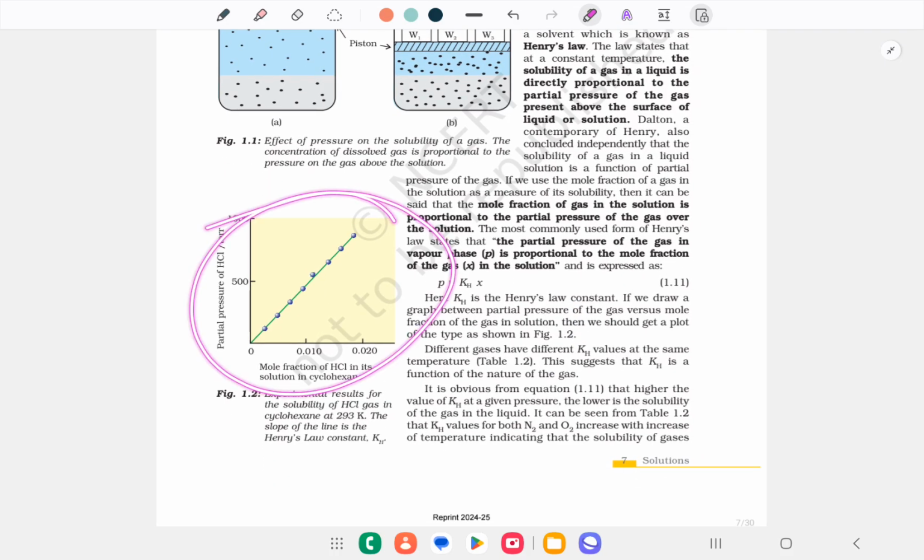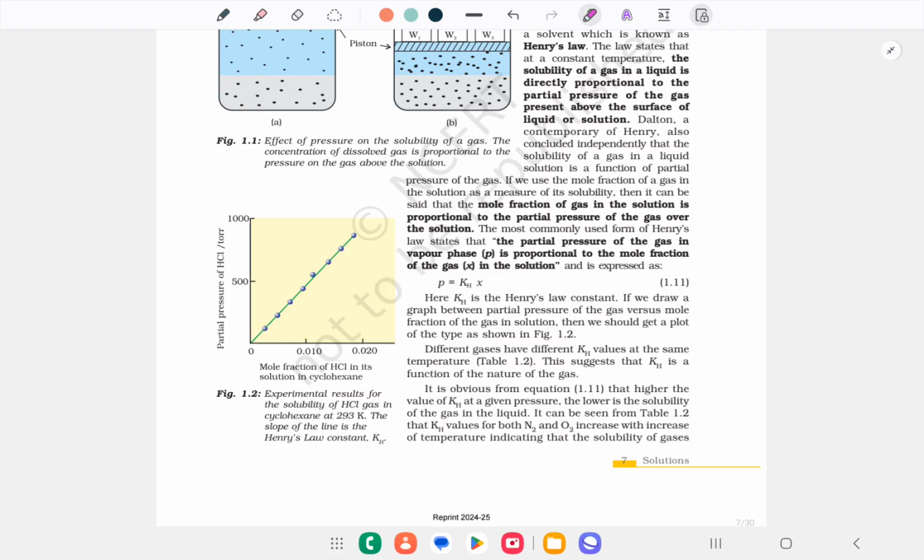And this is the graph which we can see for Henry's law. So we'll speak about the significance of Henry's law and Henry's law constant. Here the slope is the KH, that is the Henry's law constant.